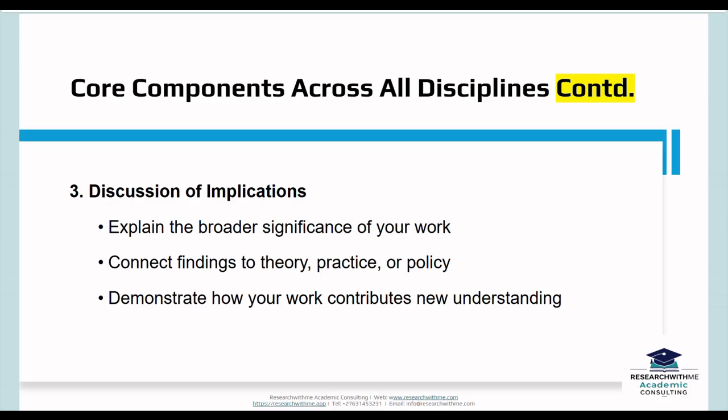And also, in some cases, you may not discuss implication within the conclusion. People who are in such fields will understand what I'm talking about. For example, those in social sciences understand what I'm saying.